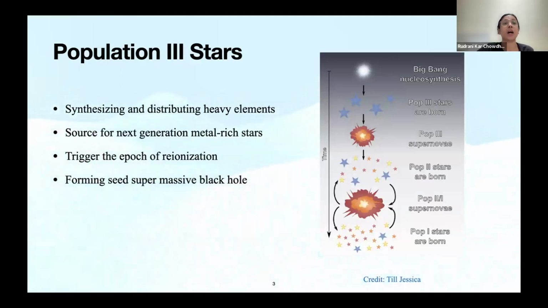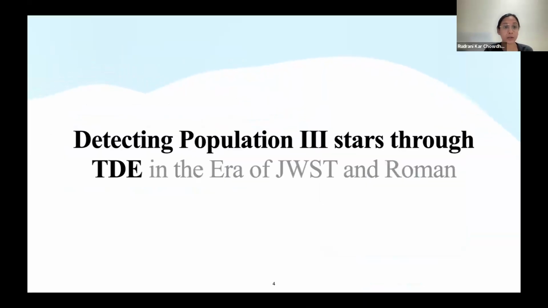And from this metal-rich gas, the next generation of population 2 and population 1 stars were formed. However, these POP3 stars are very difficult to detect mainly because of their short lifespan as well as their cosmological distance.